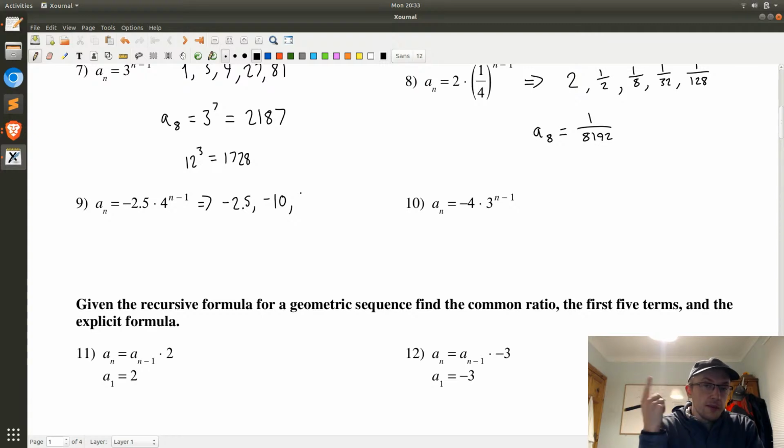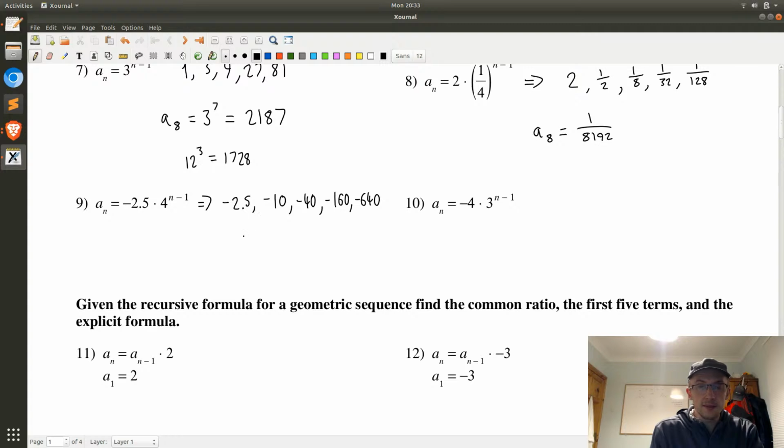You just times it by 4 each time, don't you? So it's just going to be -40. The common ratio is right there. I don't have to worry about this 2.5 business. Just keep on timesing it by 4. So it'll then be -160, -640.